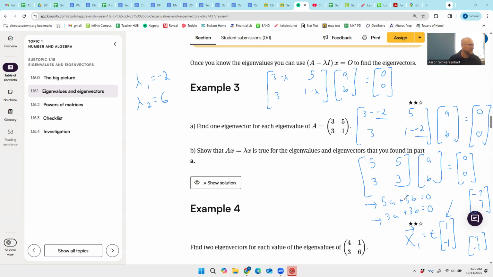If they gave me 7, negative 7, yeah, I would make it 1, negative 1. I would just say, 7 times 1, negative 1, the vector is really just this part. There's a million, they will always say give an eigenvector. So if you come up with one that is true, it works.